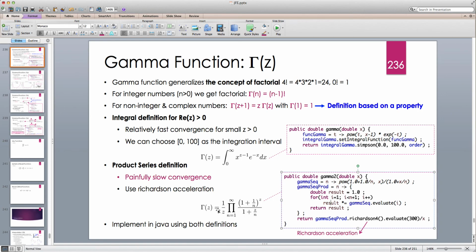Note that there is 1 over z that doesn't depend on n or the number of multiplications. So we evaluate this at the end. If we take the limit, we first have to find the value of this sequence. So sequence product, Richardson fourth order accelerated, evaluated at some number, let's say 300. We will look at the convergence to see whether or not 300 is a good number for evaluation.